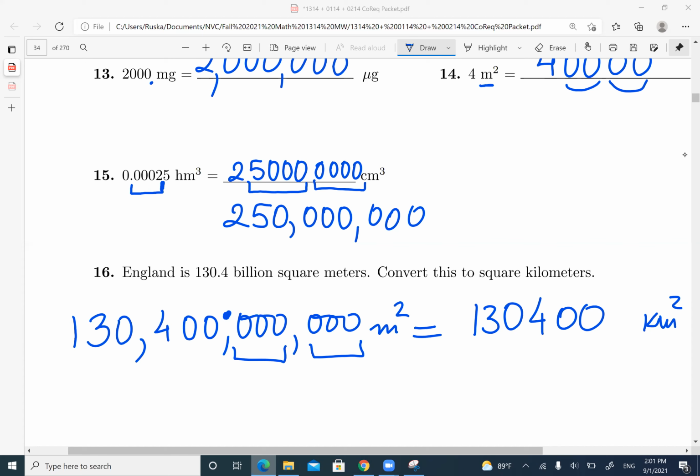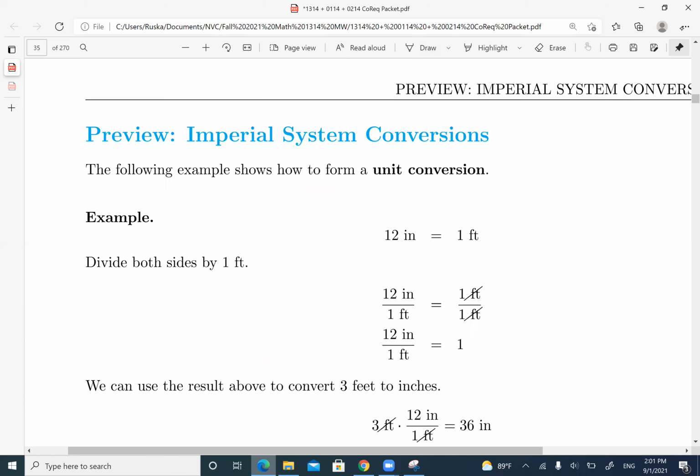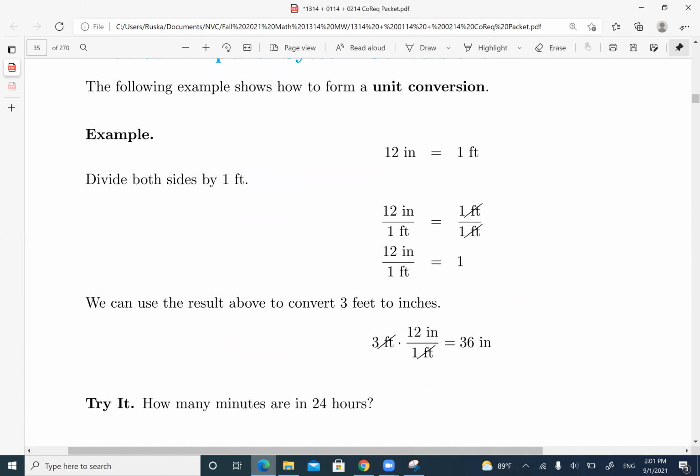Okay, then we're going to have another one. So this is the preview for Imperial system conversions. When you do conversions, you're going to multiply by the unit conversion in a way that cancels the old unit and gets you to the new unit. So this is how you do it.